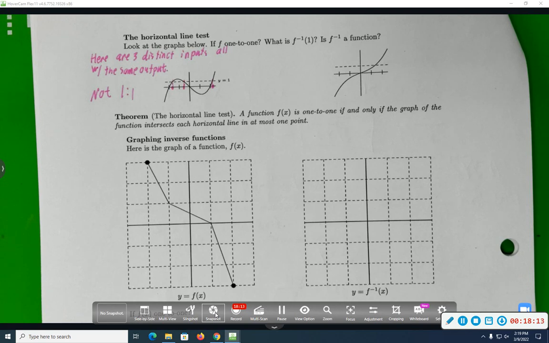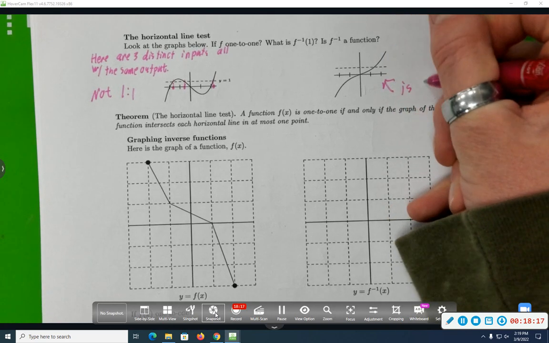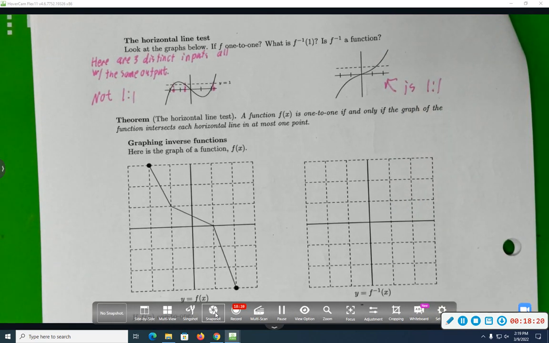Awesome. So here's the takeaway. By looking at a graph, you can just read off if a function is one-to-one. A function is one-to-one when the graph of that function intersects every horizontal line at most one point. It's the horizontal line test.